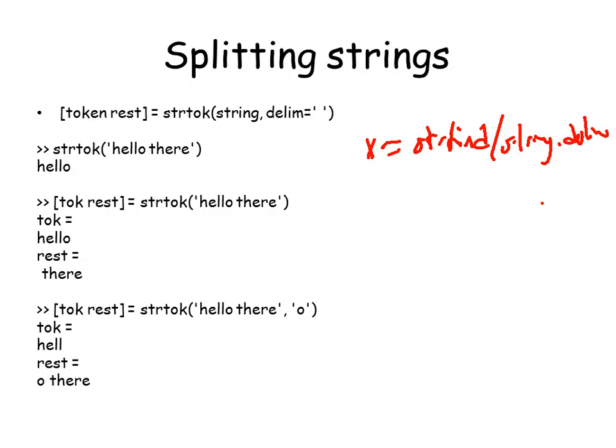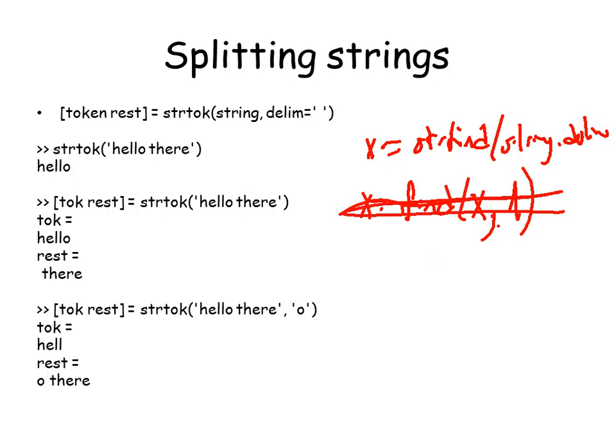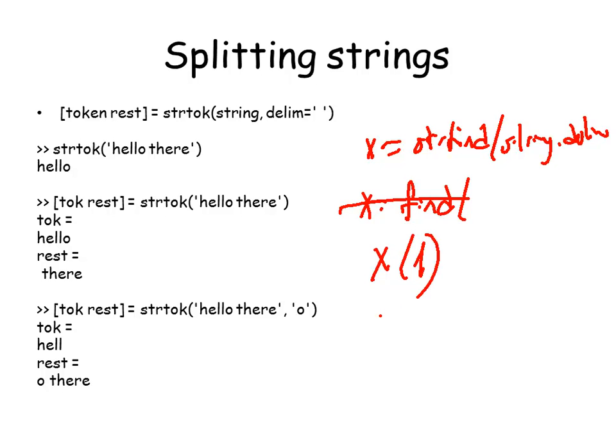That will give you all the occurrences of the delim inside the string. And then we would additionally say x equals find x comma 1 to pick the first one. Or let's, sorry about that, that would not be accurate. Let's just say x parenthesis 1 to pick out the first one.